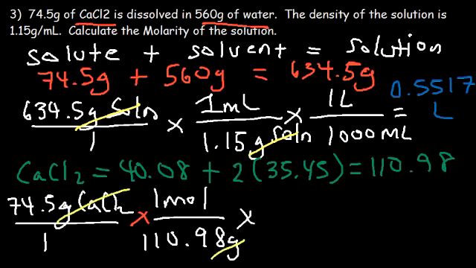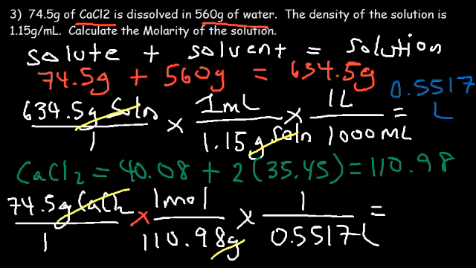And now that we have the moles, to find the molarity, we need to divide by the liters of solution. So moles over liters is molarity. So 74.5 divided by 110.98, that's 0.671 moles, and take that divided by 0.5517, and now you have the molarity, which is about 1.22 capital M.